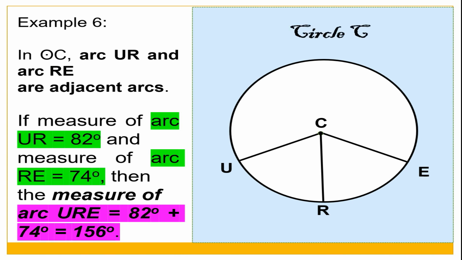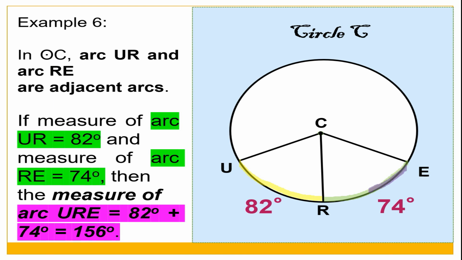Now let's have example number 6. To illustrate, in circle C on the right, arc UR and arc RE are adjacent arcs, and the measure of arc UR is 82 degrees, and the measure of arc RE is 74 degrees. Then, we will just add the two arcs.